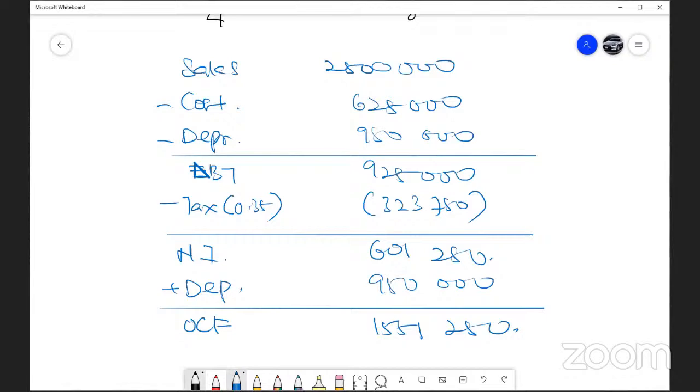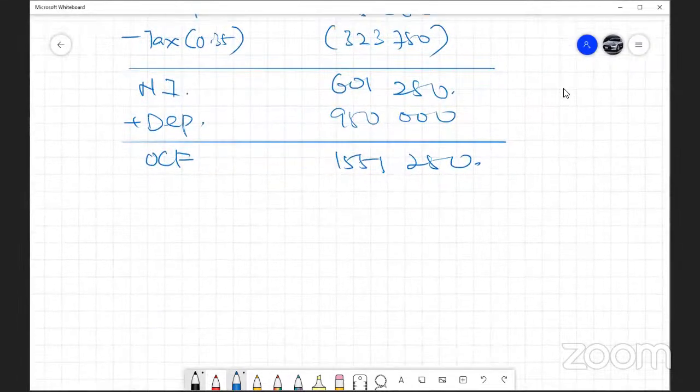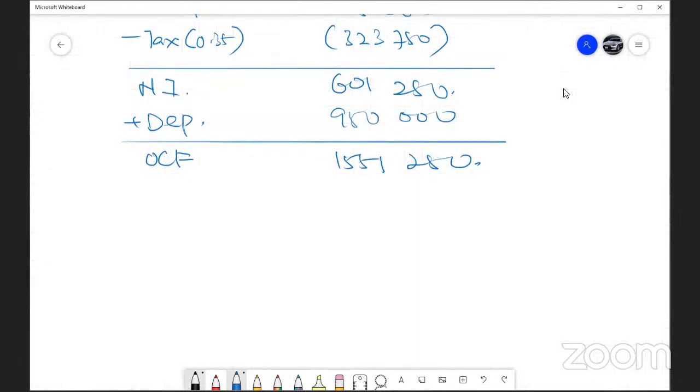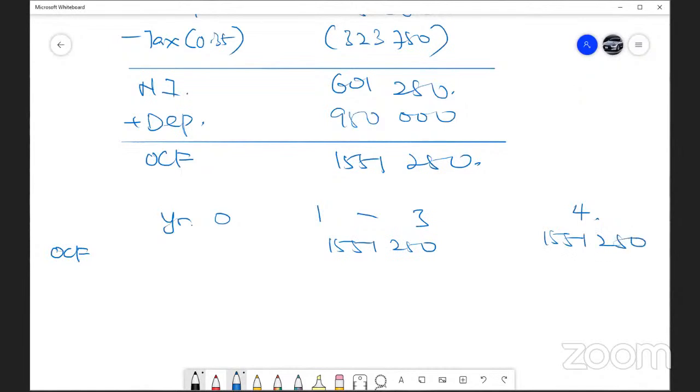Okay, so put it into the table: year 0, 1, 2, 3, and finally year 4. OCF is 1,551,250 each year.